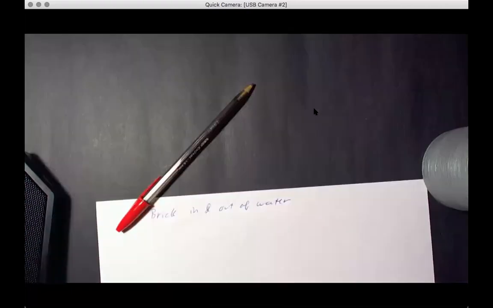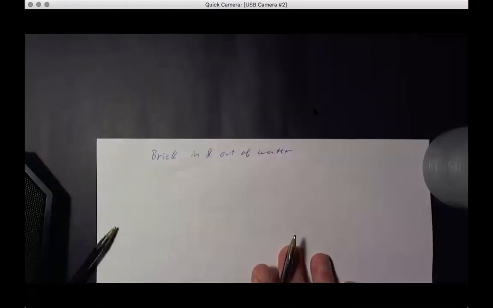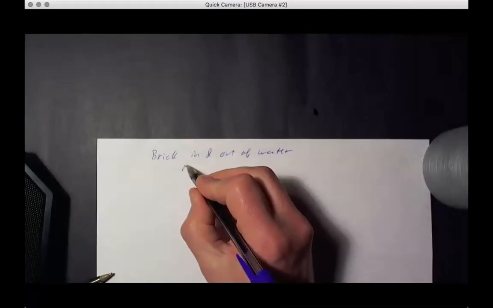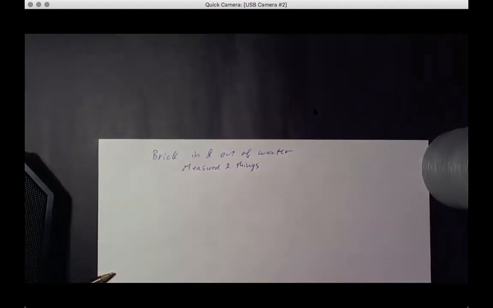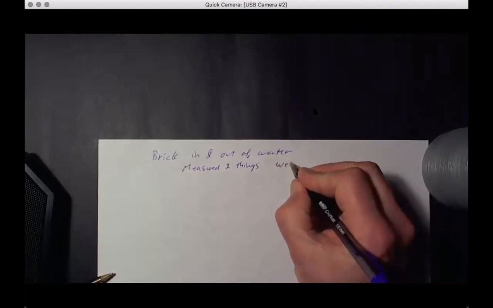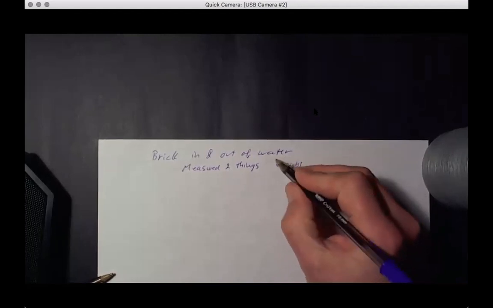You're measuring two things. So here we have the brick in and out of water. And so we measure two things: the submerged weight and the weight in air, or the apparent weight.